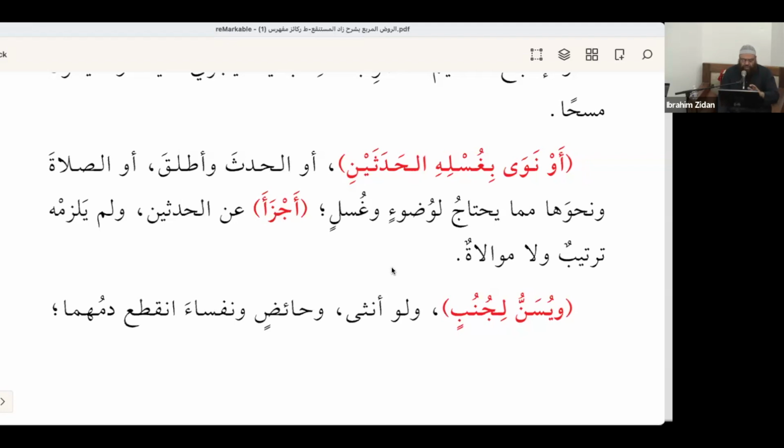Whether it's wudu or غسل, he did not specify. أو الصلاة or نوى الصلاة, he had the intention of the صلاة ونحوها, reciting Quran, anything, مما يحتاج لوضوء وغسل, where it needs wudu and غسل. أجزاء عن الحدثين. That will be sufficient for the two حدث, for the wudu and the غسل. So here if he نوى بغسله الحدثين أو الحدث وأطلق أو الصلاة ونحوها.